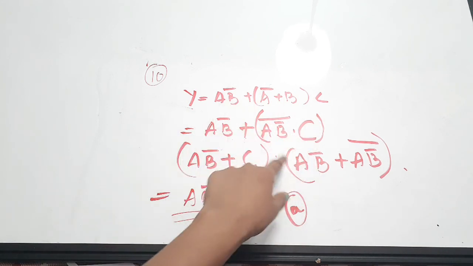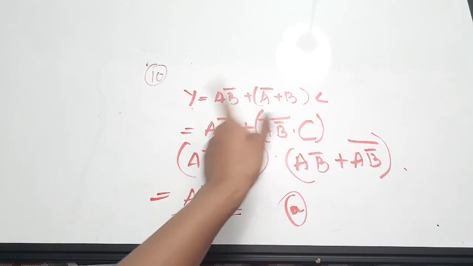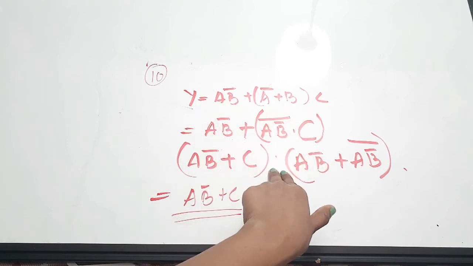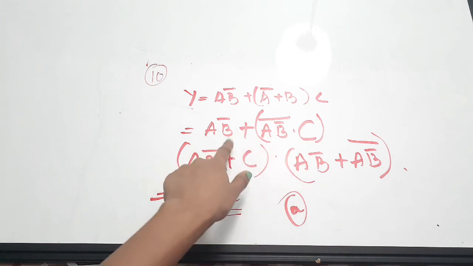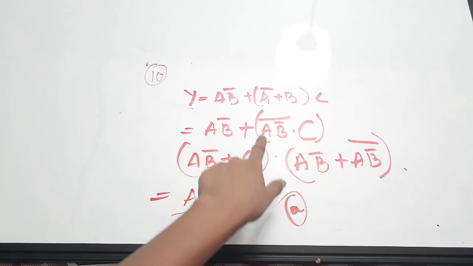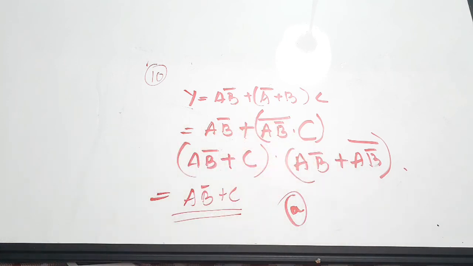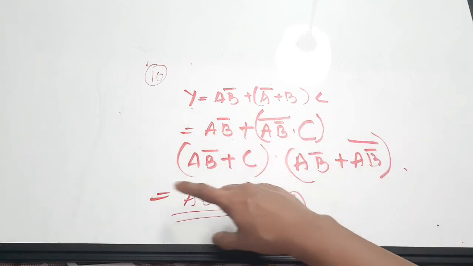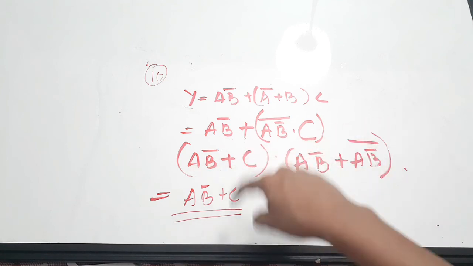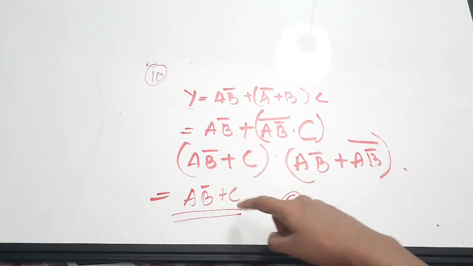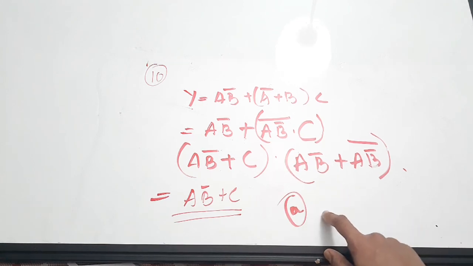Then the next thing I've done is I've distributed this positive sign inside the bracket. So I'll get two terms and then a product of those two terms: AB complement plus C into (AB complement the whole complement plus this term). This term is 1, and that is the answer. AB complement plus C is your answer. So the correct answer is option A.